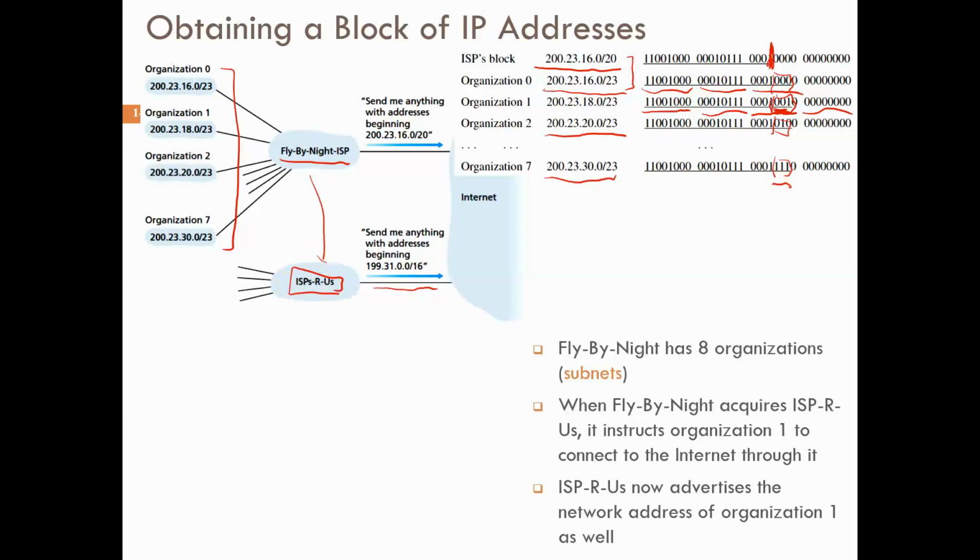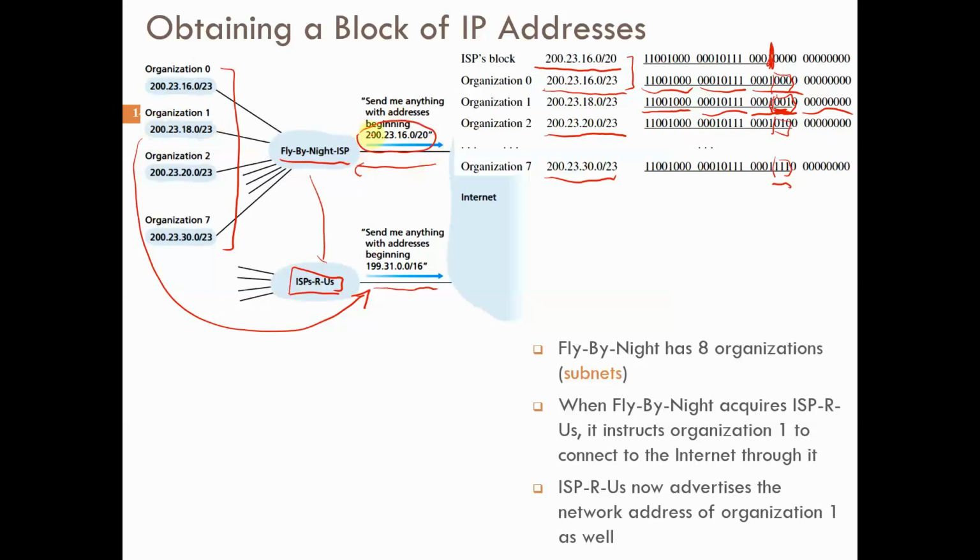Let's say now Fly-By-Night wants organization 1 to be served by ISPs-R-Us. It means that originally, when a packet comes for organization 1, it will go through the ISP of Fly-By-Night. How is that? Because the IP address of organization 1 is announced within the address block of Fly-By-Night.